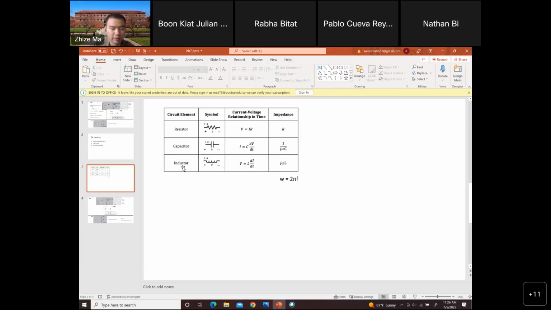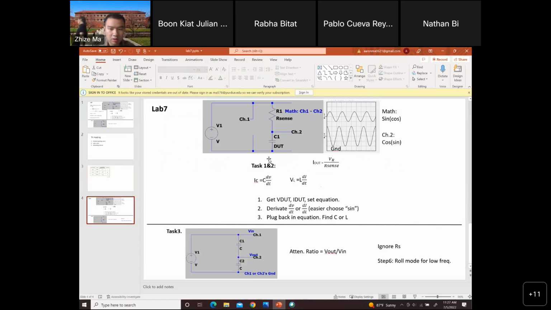The impedance of the inductor is j omega L, with omega still 2 pi f. You probably don't need those equations right now, but just make sure you have a general idea: the impedance of the capacitor and inductor is related to the frequency. You will need those equations in later classes, so make sure you remember those 2 equations.